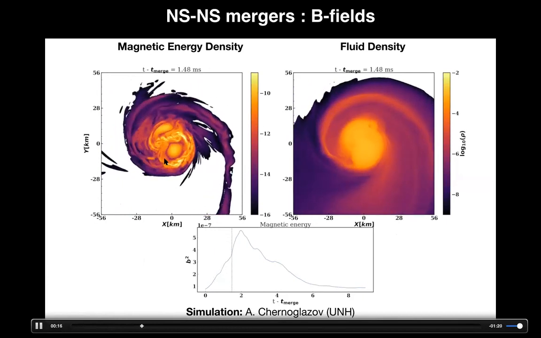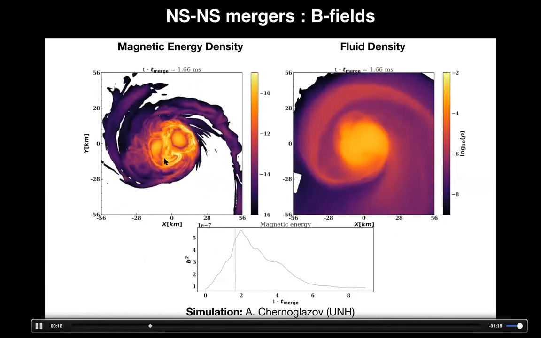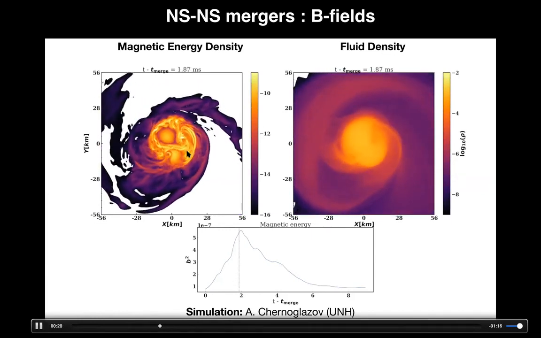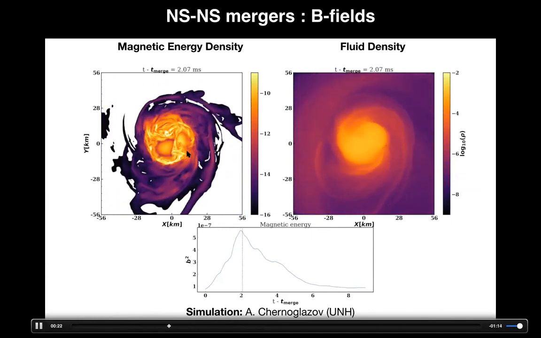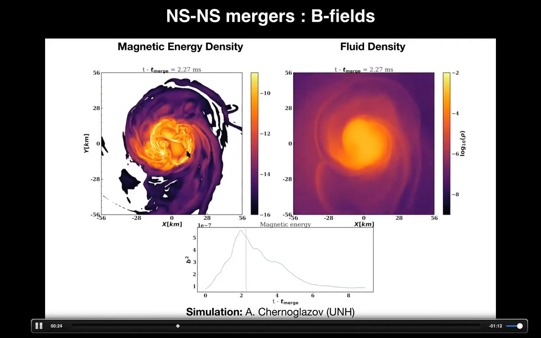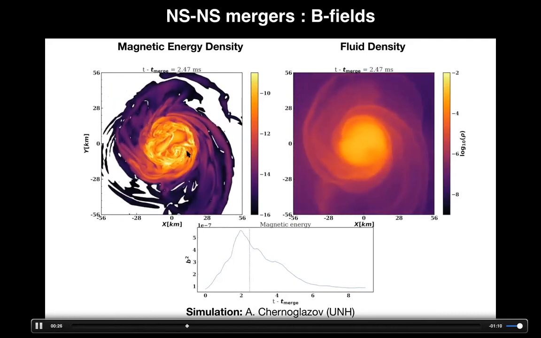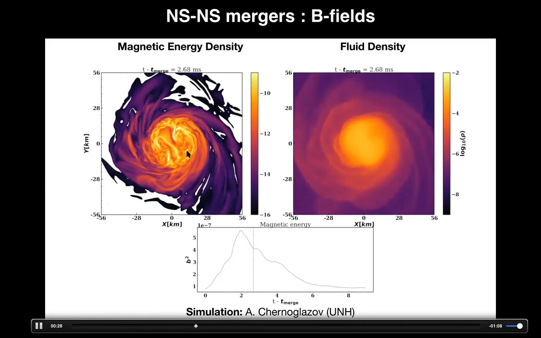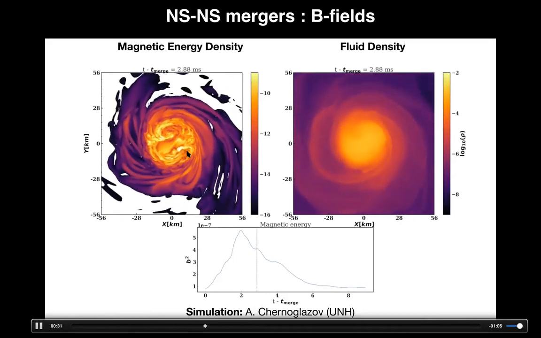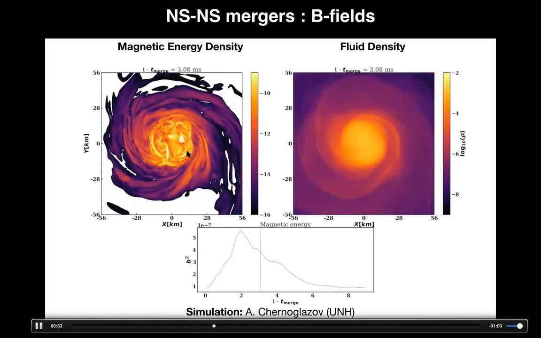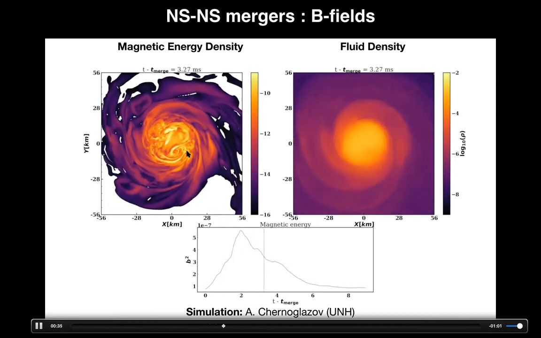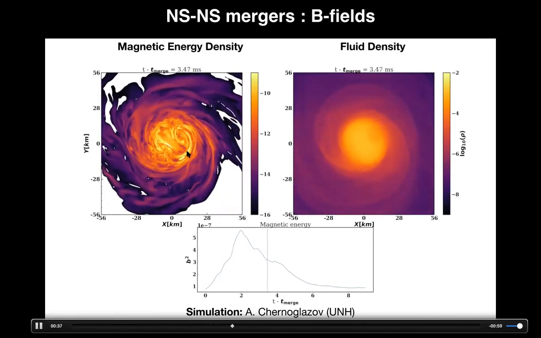So the problem here is that the smaller the eddies in this turbulence, the faster the instabilities grow. But we have finite numerical resolution, and we are very far from being able to capture that entire scale in which we expect these instabilities to occur, down to the viscous scale.